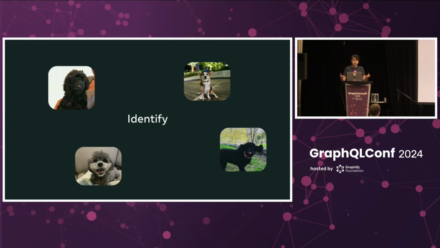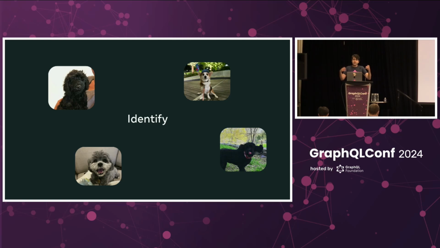But with GraphQL, that becomes problematic because you can have many instances in memory of something that should logically be represented as the same item, the same thing. In this case, I've got two different pictures of Kiki. They're both representing Kiki.